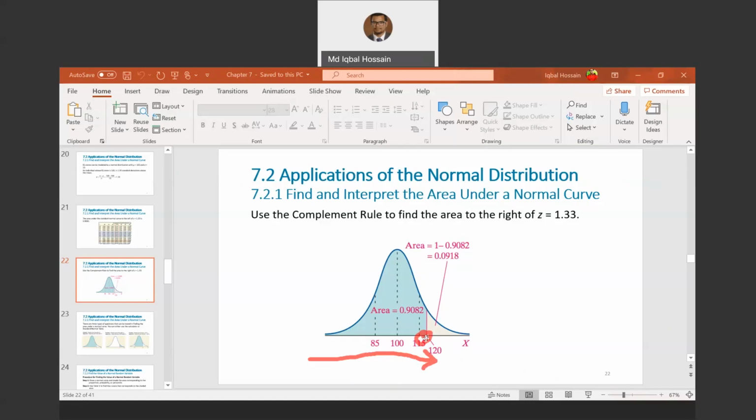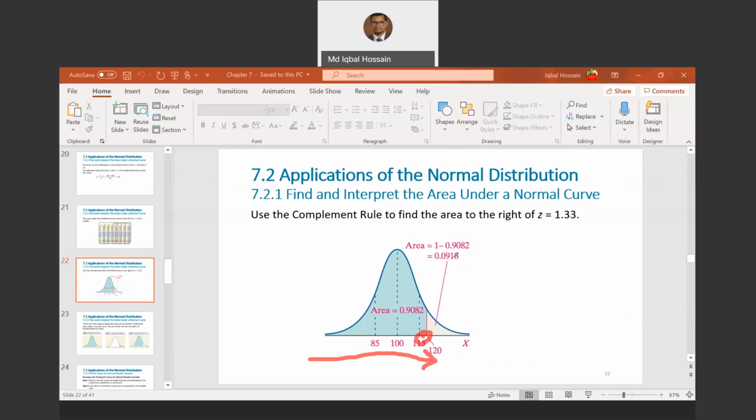So all the area from the left is our area on the left of this Z score.